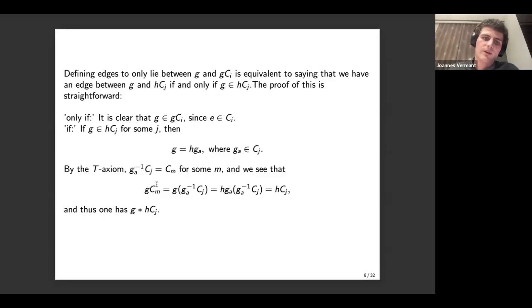Using this, one can write g times Cm as g times Ga inverse Cj, which, because g is equal to h times Ga, we see that g times Cm is the same as h times Ga inverse Cj, and this is thus h times Cj. And because we wrote h times Cj as g times Cm, we see that we have an edge between g and h times Cj using the definition from the previous slide.